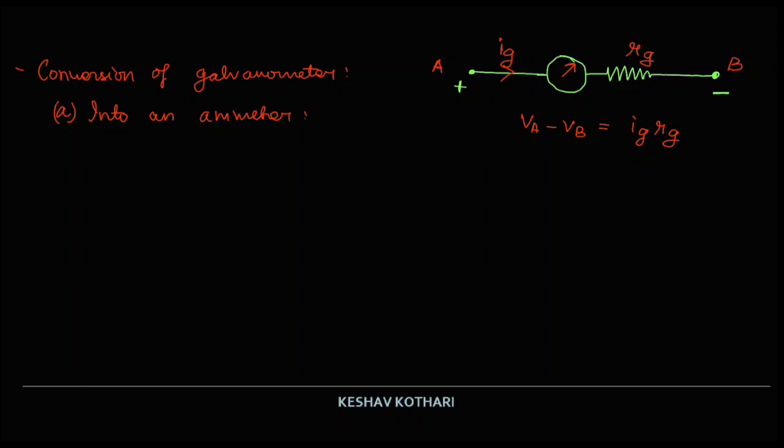In order to convert this galvanometer into an ammeter, first let us understand what an ammeter is. It is a device that measures the current flowing through it.